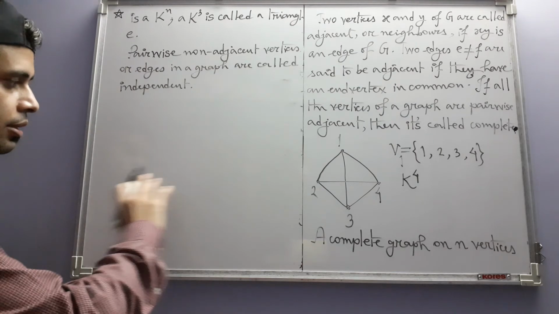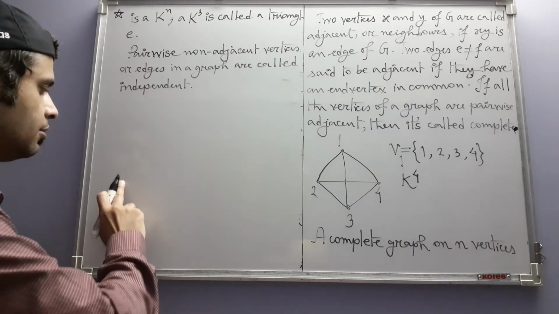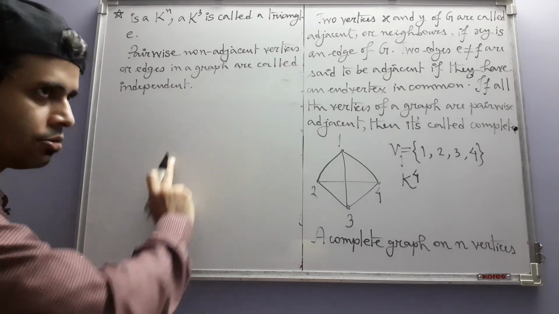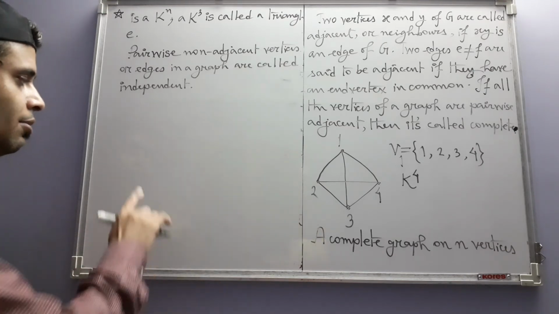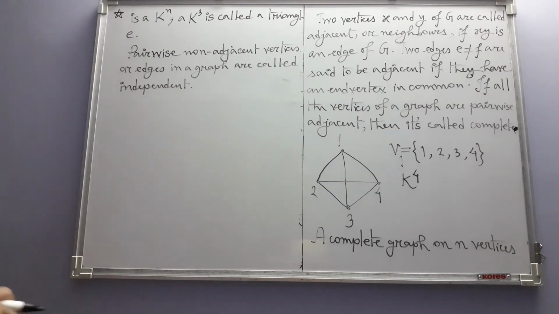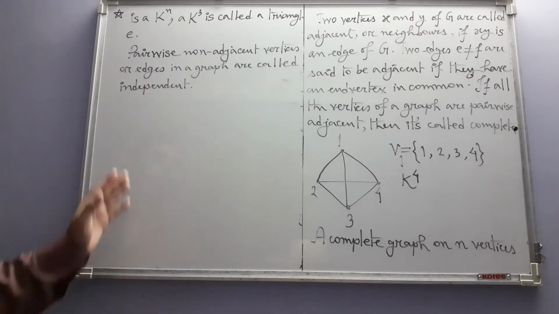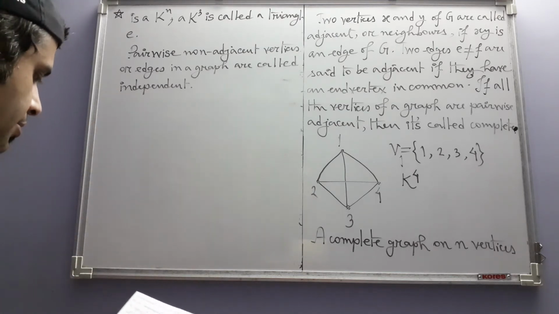So for example, in that example that we have been taking again and again, say 1, 2 and 5, 7 are independent edges, 1 and 5 are independent vertices, but it's not necessary to take only 2 objects. You can have a set of objects.